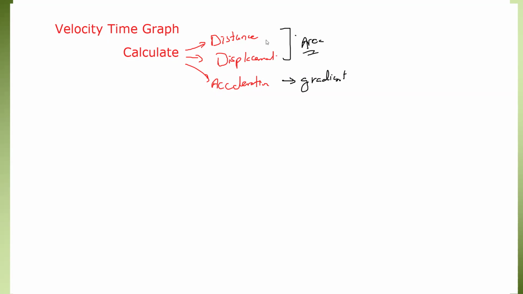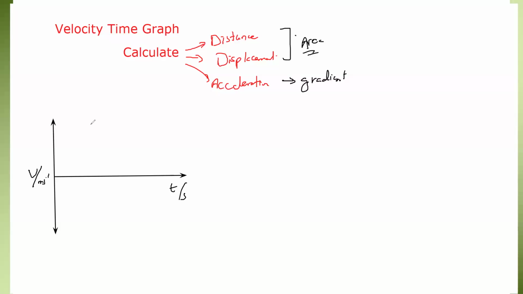So, for example, we have a velocity time graph. Velocity is on the y-axis and the time is on the x-axis.